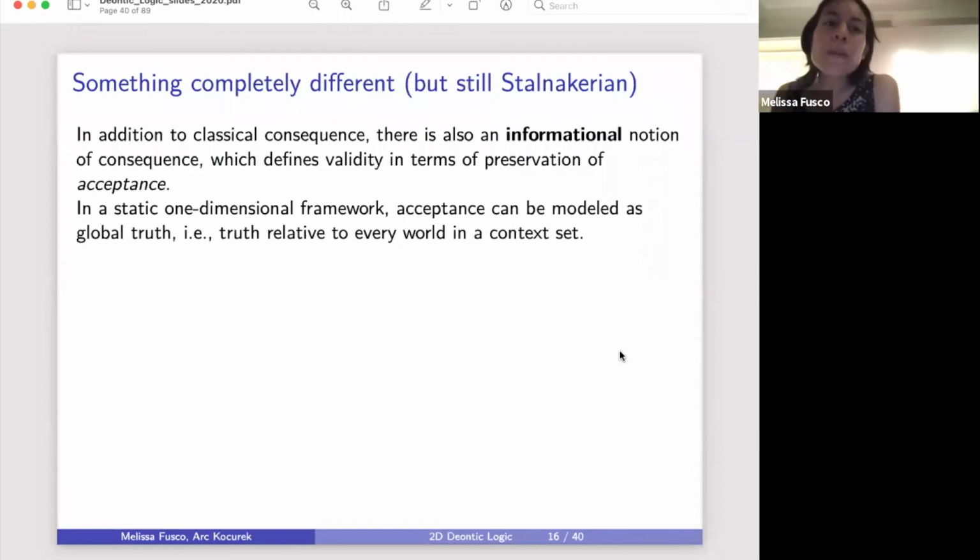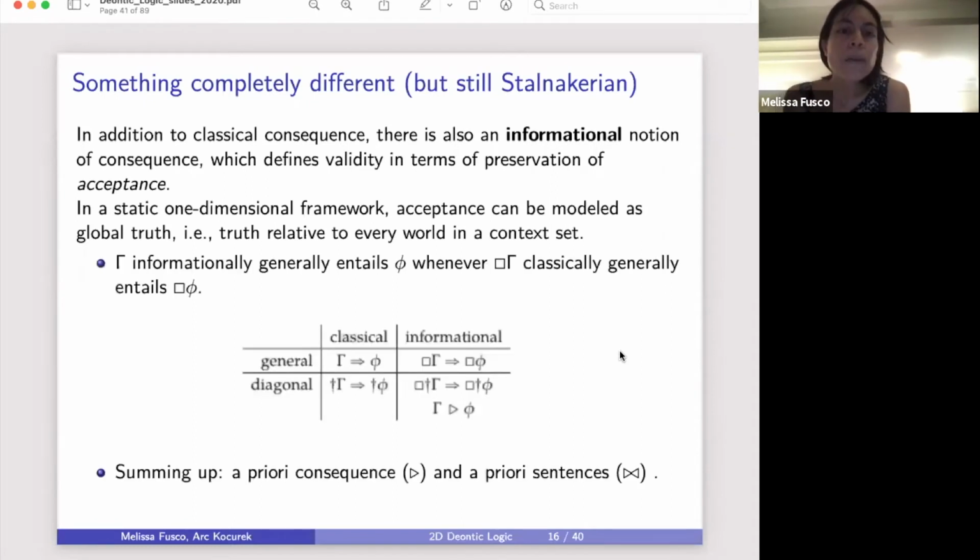So in a static one-dimensional framework, acceptance can be modeled as global truth, truth relative to every world in the context set. So if we're thinking about the worlds that form the arrays of the axes in a two-dimensional array as things that are possible at a context, then what we would want to be tracking for an informational notion of consequence is really what happens if you box all the premises and the conclusion.